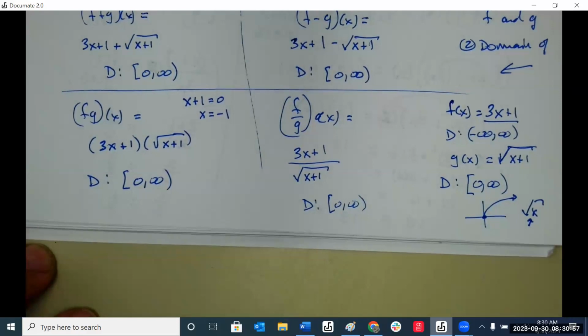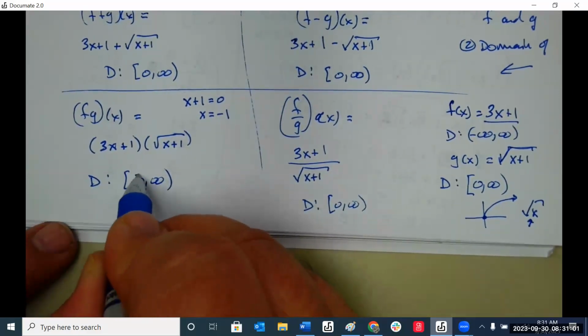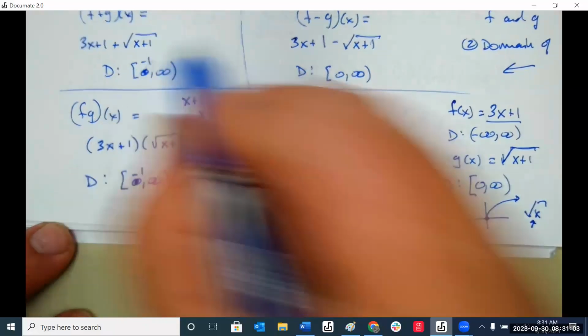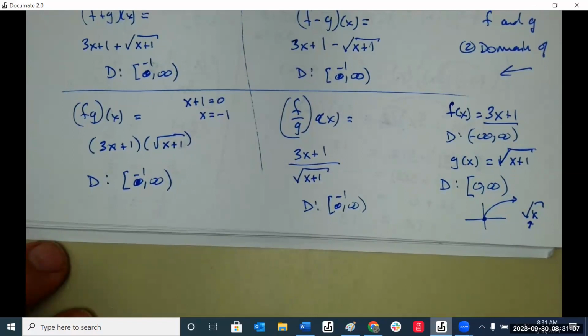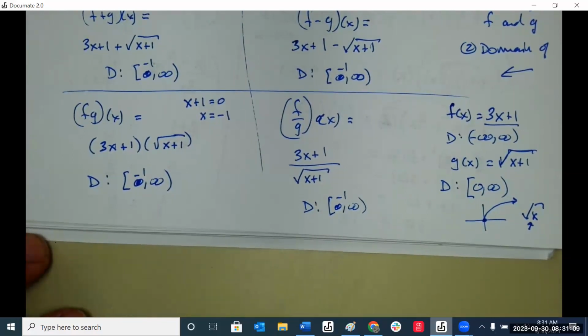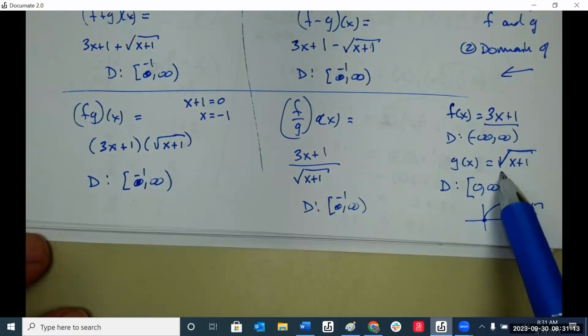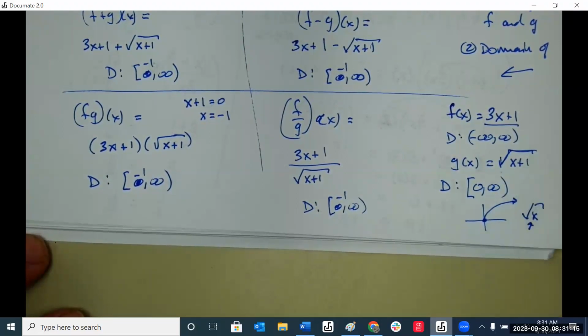That's the smallest you can have. -1 to infinity, -1 to infinity. Because the square root of x plus 1 is not the same as square root of x. This has got an x plus 1.